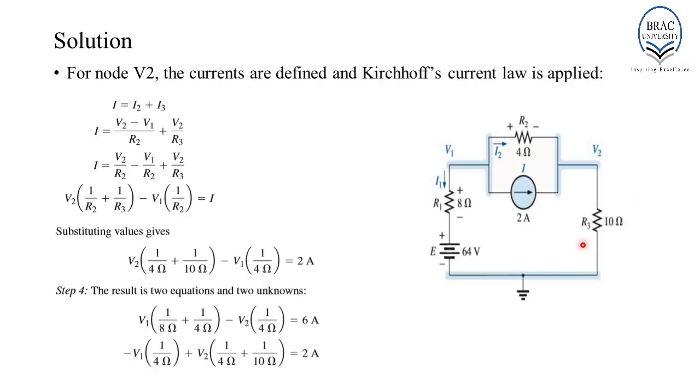And the current I3 flowing through R3 will be V2 by R3. Again, if we substitute the values of I, I2 and I3 in the expression over here, this is the equation which we will get. Solving the two linear equations, we can easily determine the values of V1 and V2.